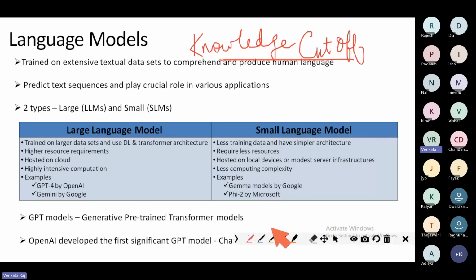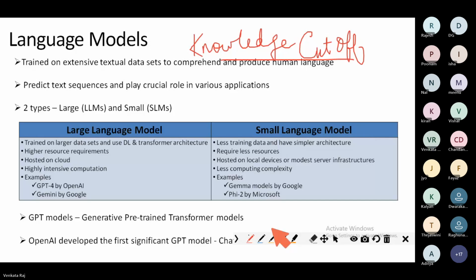These LLMs, these generative pre-trained transformer models, operate under a knowledge cutoff. What does that mean? They might not be aware of events which have occurred after the training period.